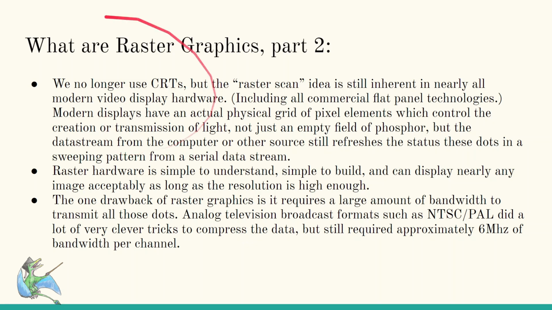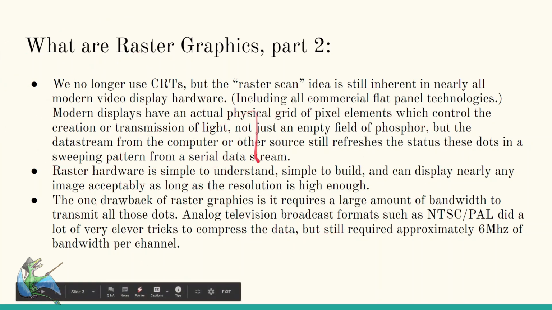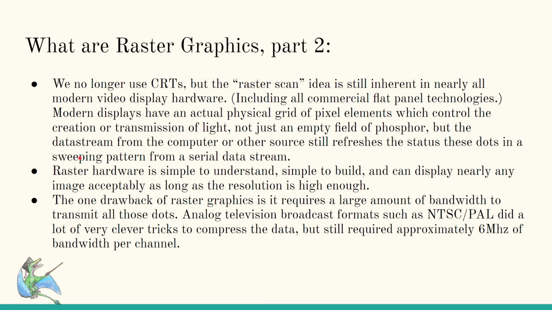That through persistence of vision, the brain would perceive as stable. And of course, if you had many objects, then eventually you would reach the point where describing that screen would require more data than simply digitizing it at some level. But it is one of the drawbacks of raster graphics, is it requires a large amount of bandwidth, because you've got this thing rocking across the screen, updating pixels.